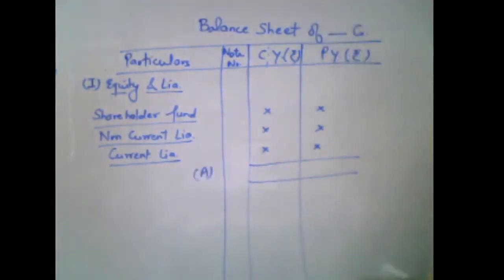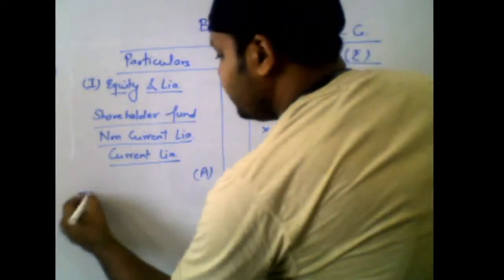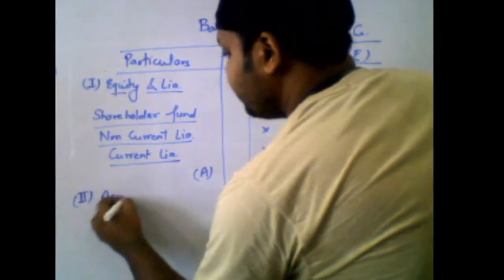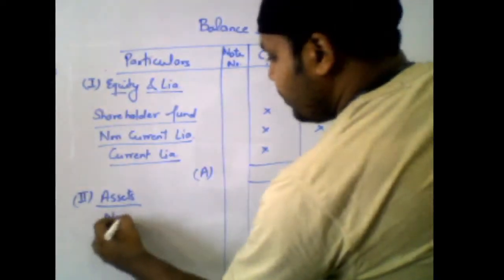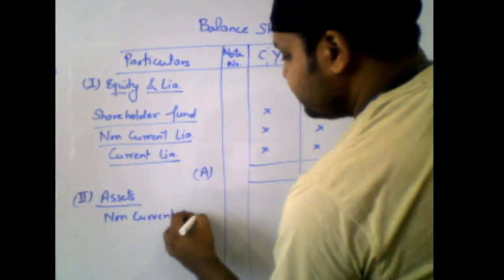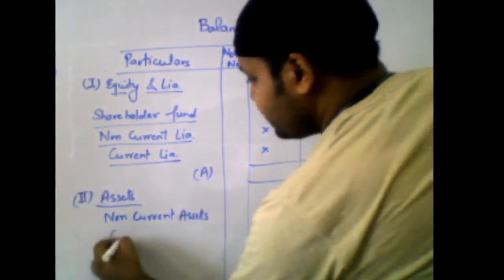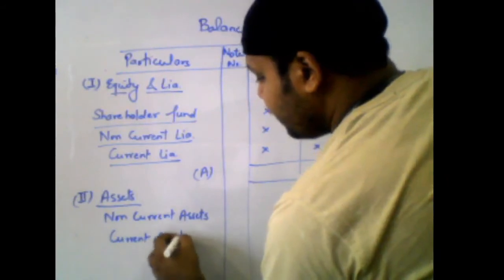का total. If we are talking about the second side of the balance sheet of the company, that is assets, and it will contain two heads: non-current assets and, second one, current assets.